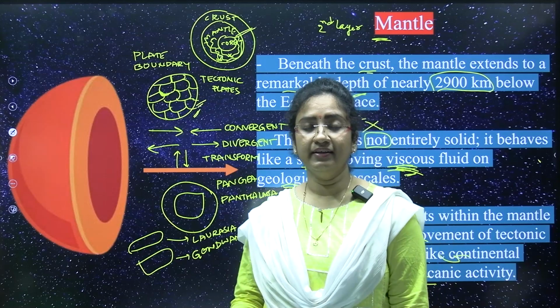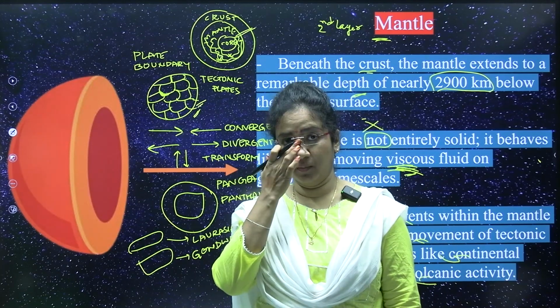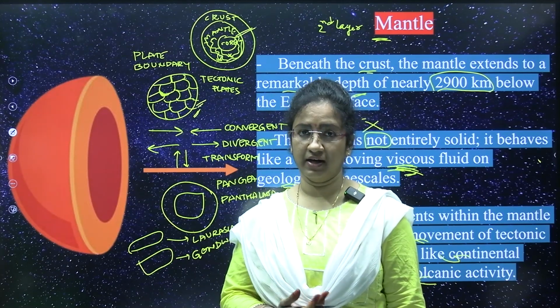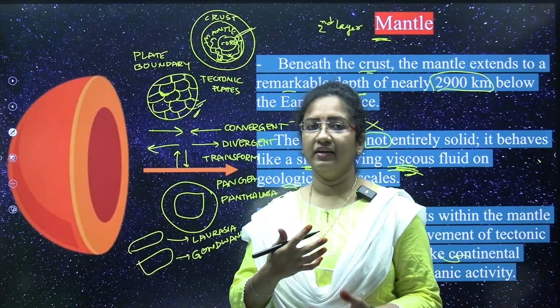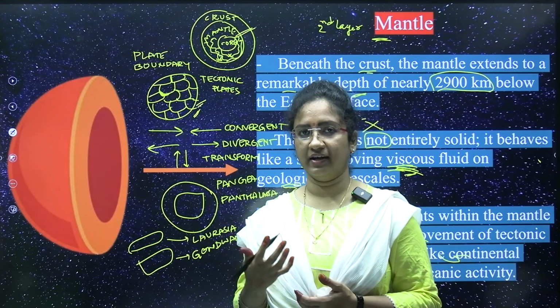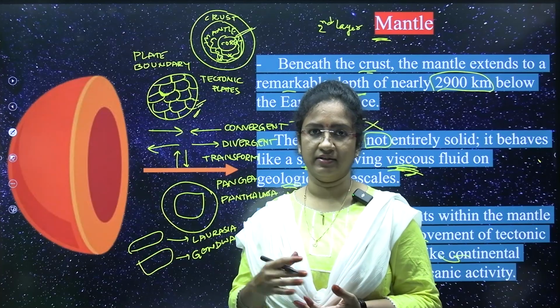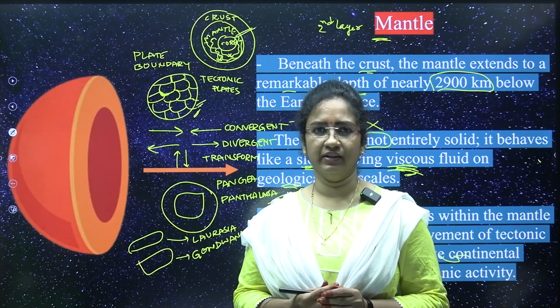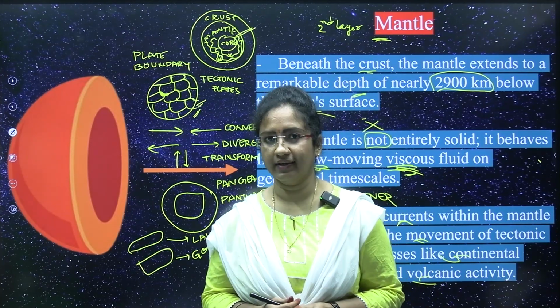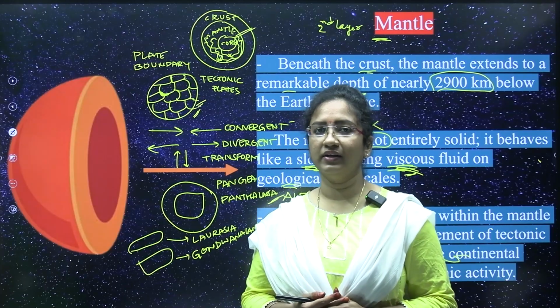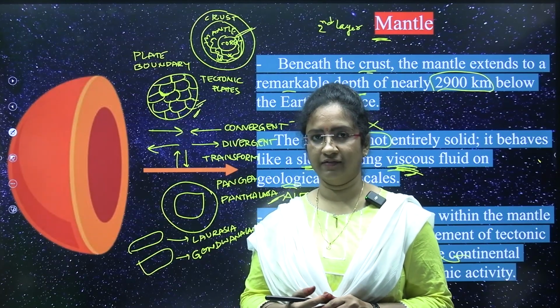Later, after even more movements of the tectonic plates, the continents that we are seeing right now were formed. One day we'll discuss in further chapters this continental drift theory clearly and what the evidences are for it.